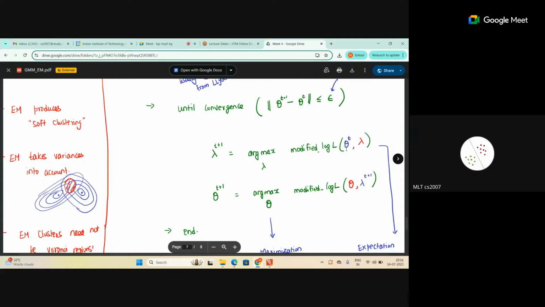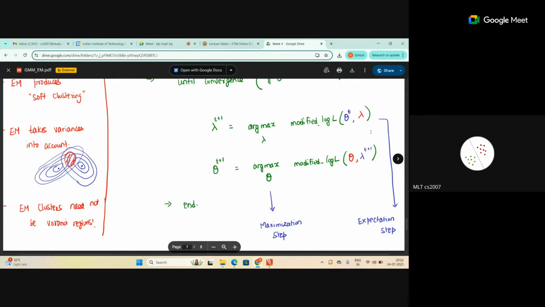You treat all these parameters as constants and try to find lambda, which is called a latent variable. Then in the next step you use that lambda found in the previous step, treat it as a constant, and maximize for theta. So this is the maximization step and this is the expectation step. Got it?